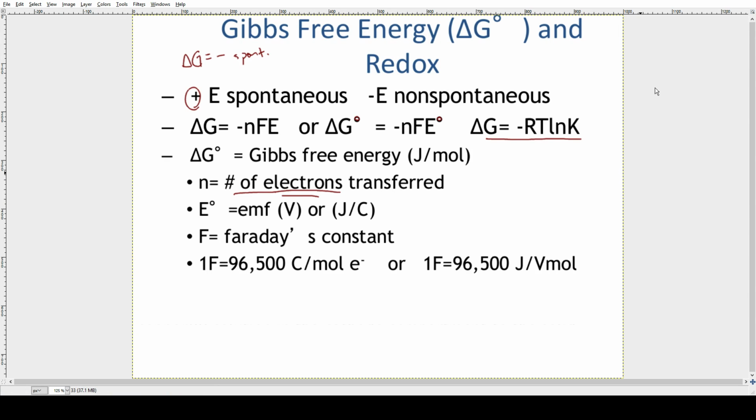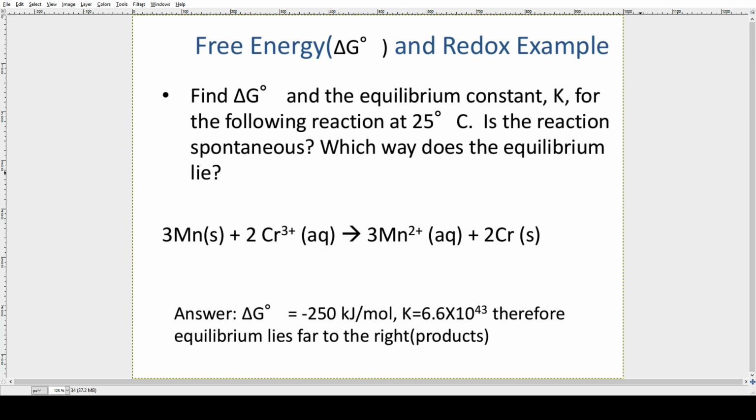So here is something that will allow us to practice. Find the standard Gibbs free energy and the equilibrium constant, K, for the following reaction at 25 degrees Celsius. Is the reaction spontaneous, and which way does equilibrium lie? So there is our reaction. It's manganese and chromium.